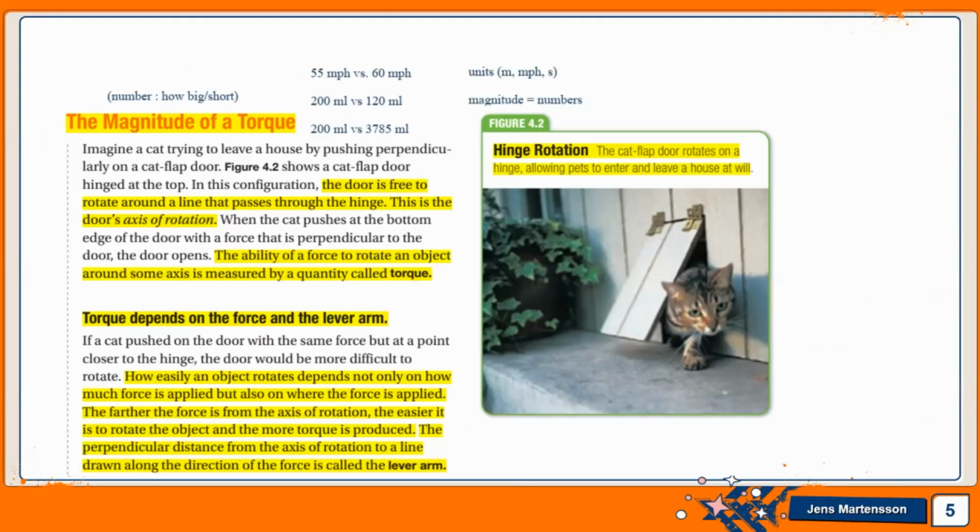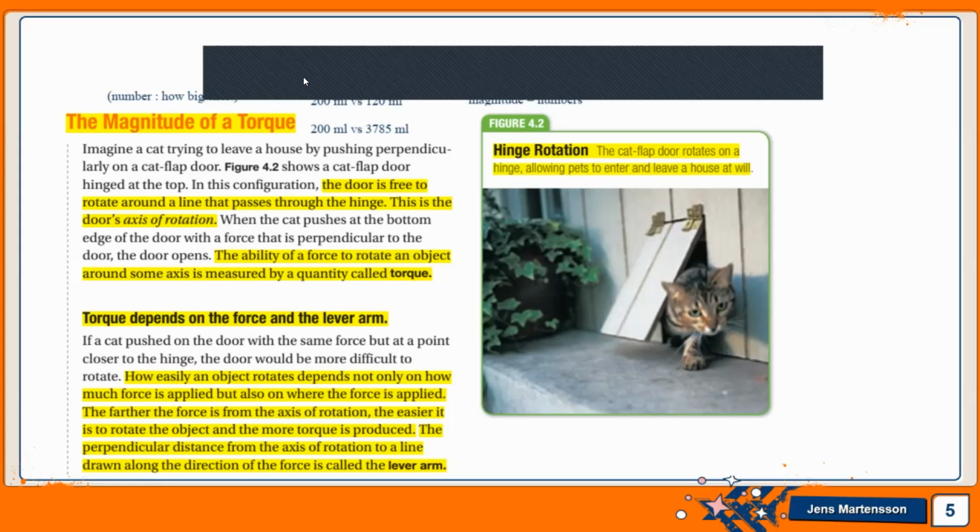Now, the magnitude of a torque. Remember what magnitude is. When we talk about magnitude, we are talking about a number, okay? How big or small something is. For example, 55 miles per hour versus 60 miles per hour. Which velocity has more magnitude?